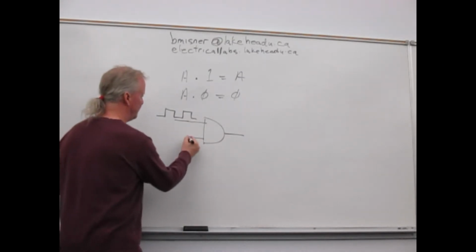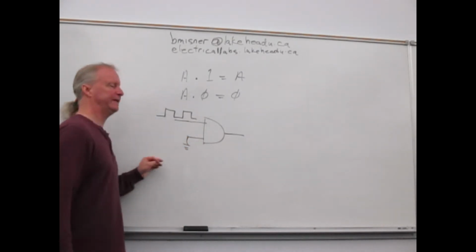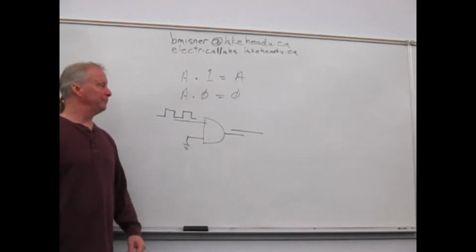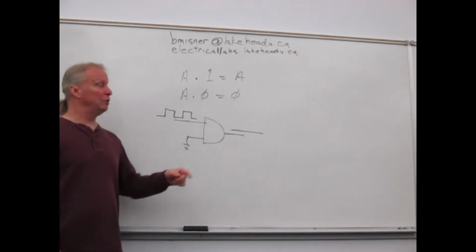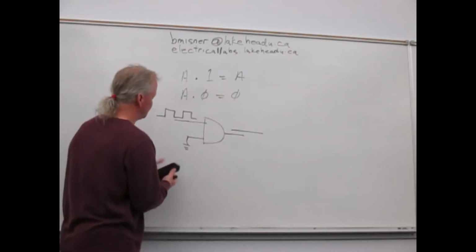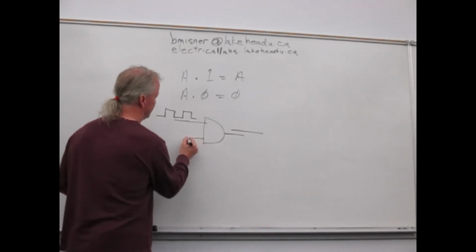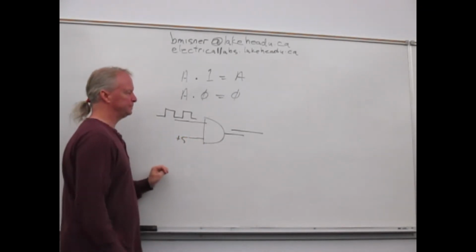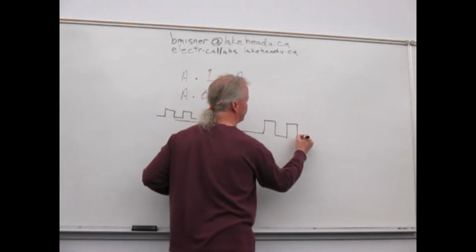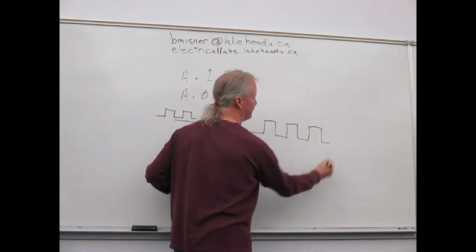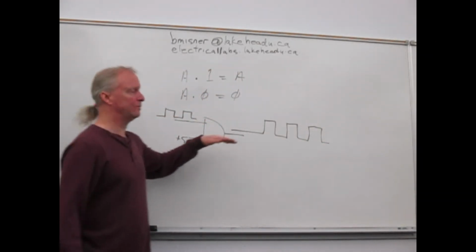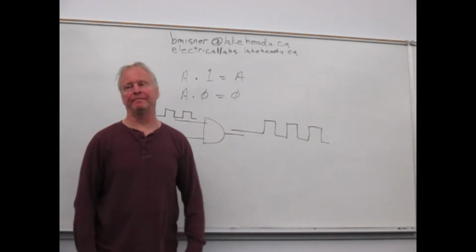If we ground this other input, basically we have nothing happening. But then after a certain amount of time, we want the clock to come through. So we switch this over to plus 5 volts, and then the clock starts coming through. And then after a while, we want it to stop, we take it back to ground, and it shuts off the clock again.